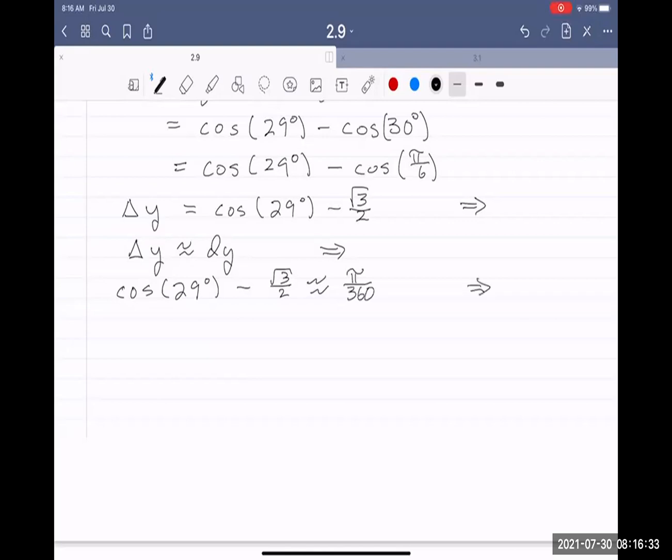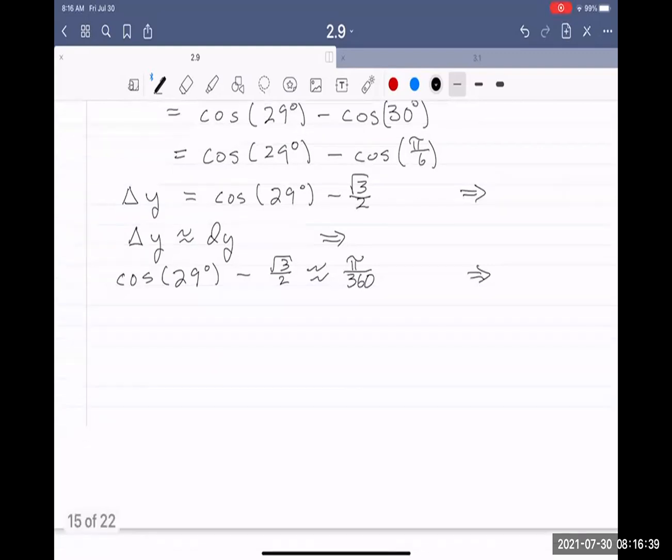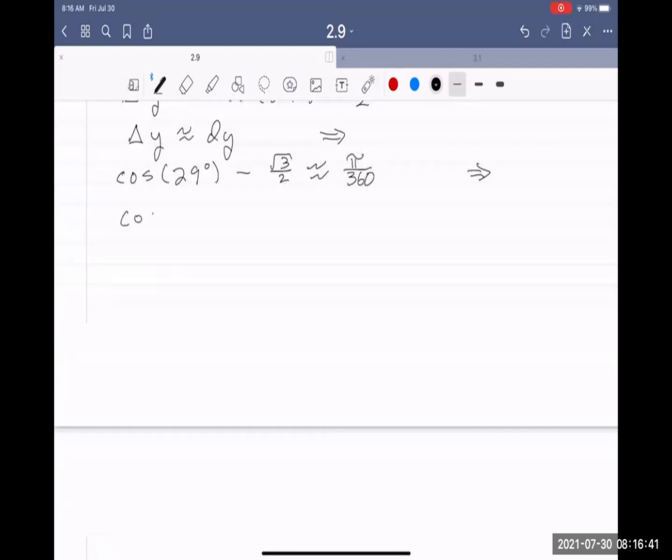And so now we can figure out what cosine of 29 degrees is. So cosine of 29 degrees is approximately equal to rad 3 over 2 plus pi over 360.